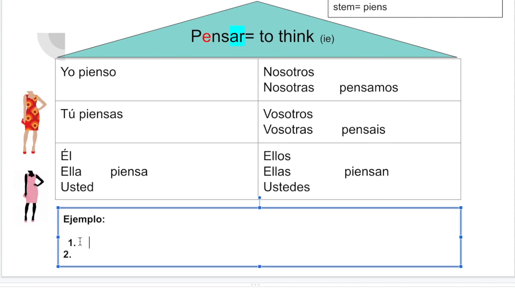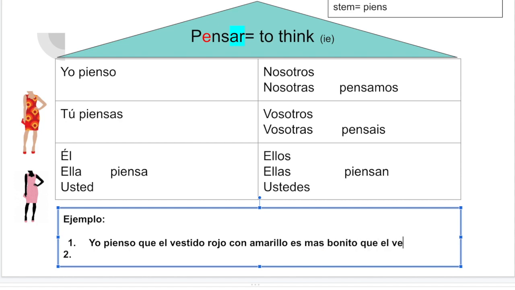So el ejemplo 1, I will say, yo pienso que, I think that, el vestido rojo con amarillo es más bonito que el vestido rosado.